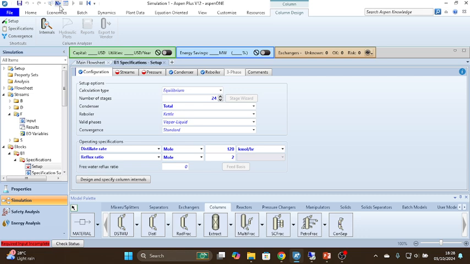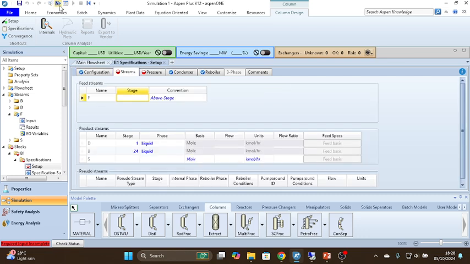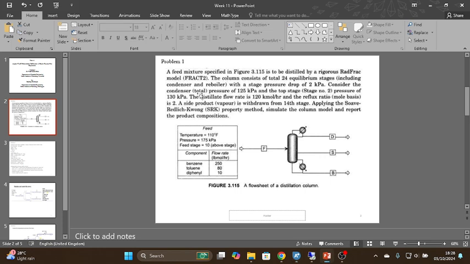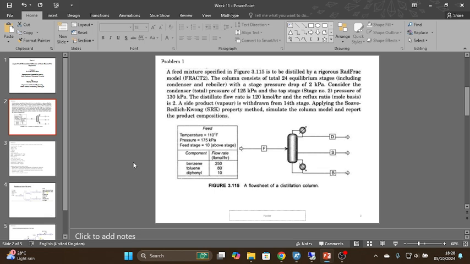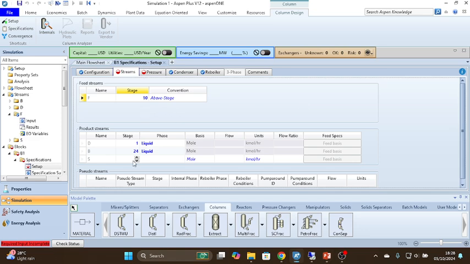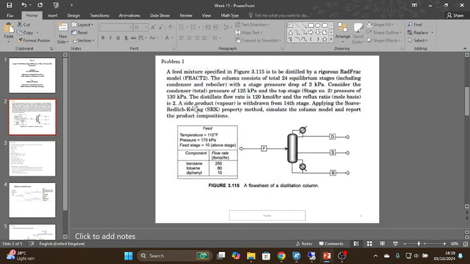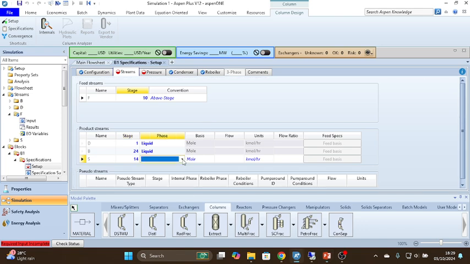Now going to the streams. The feed stream, it is given it is on the 10th stage, above stage, and the side stream is withdrawn from the 14th stage. And this phase, it is vapor.